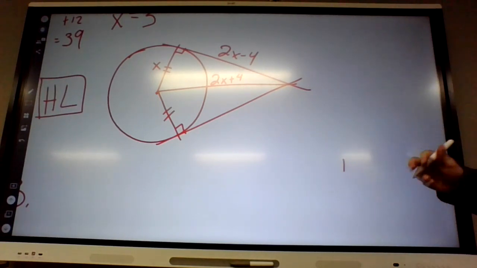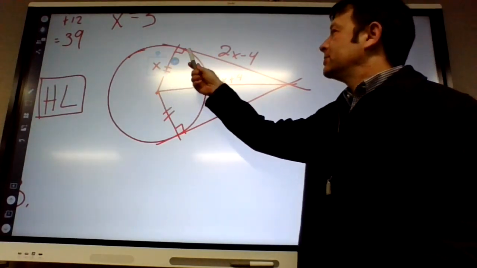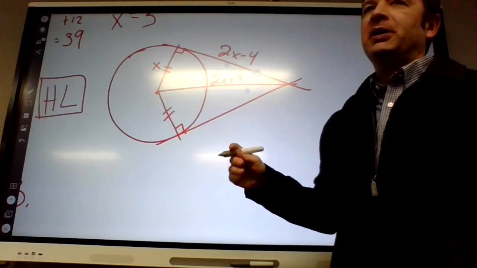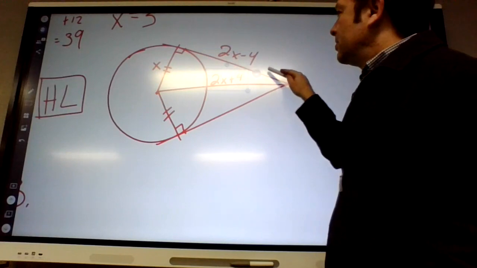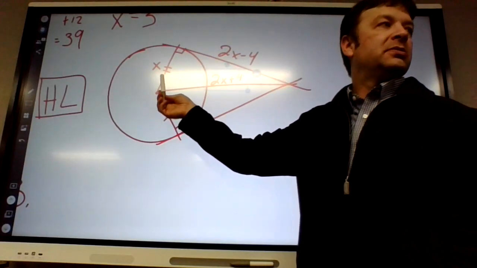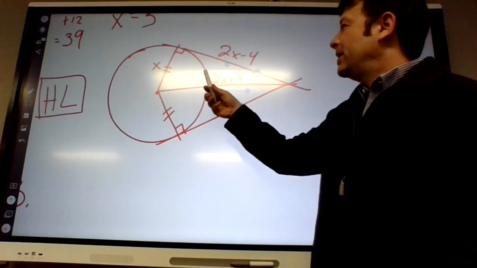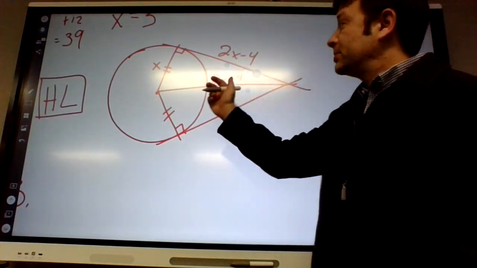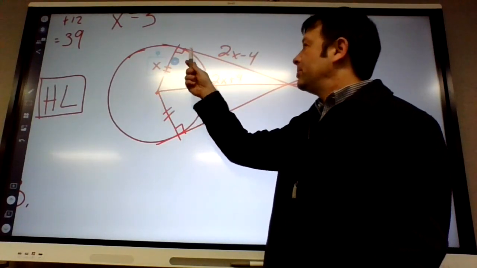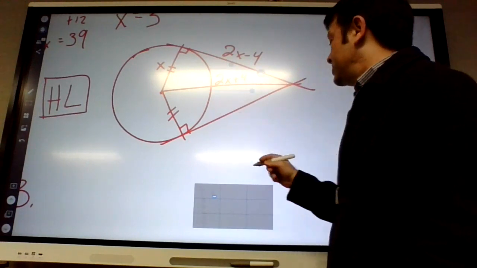What's the relationship between these three things? No, that's angles. These are sides. Angles add up to 180. Sides could add up to anything. Just depends on how big the triangle is. But what do I know about the relationship between those three things?